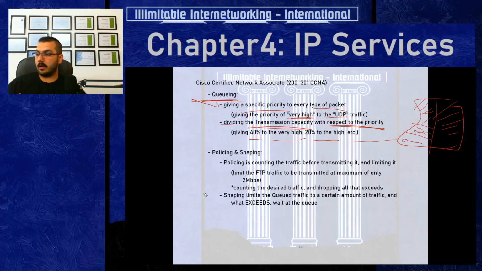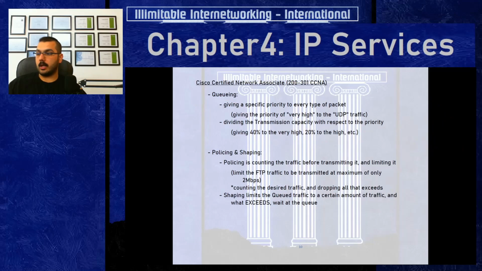For the third and fourth terms to be known, which are policing and shaping, in the beginning I struggled to differentiate between them because you will see that they work almost the same, but you will see the small difference between them. Policing is counting the traffic, counting the bandwidth of the traffic.